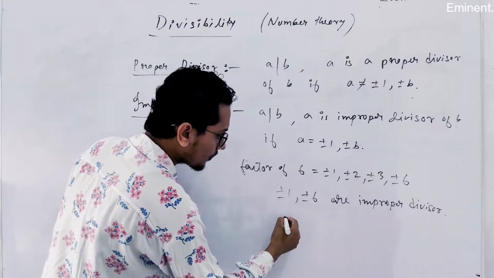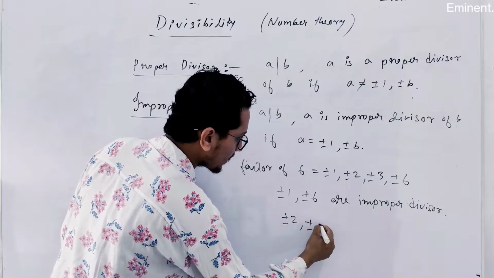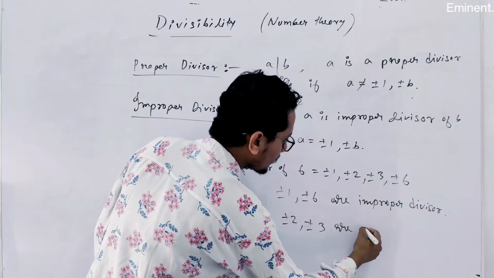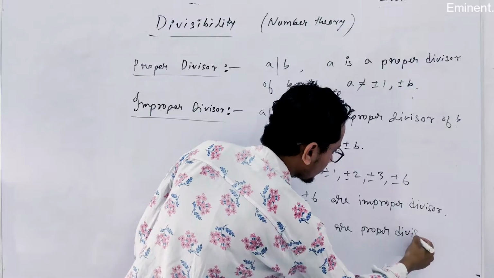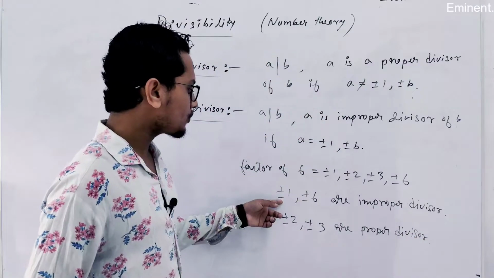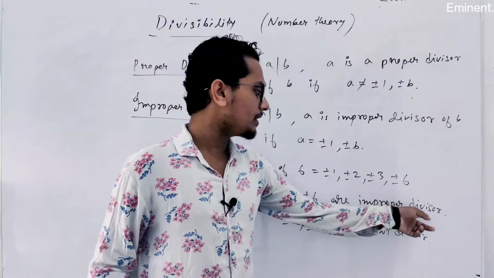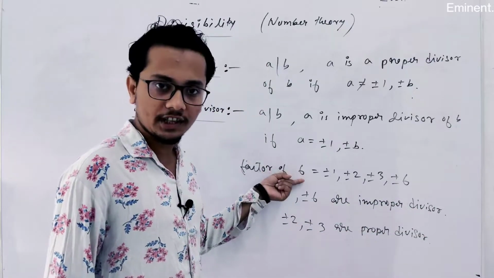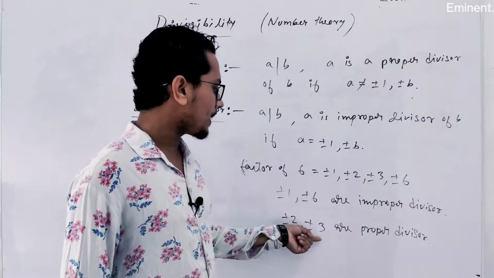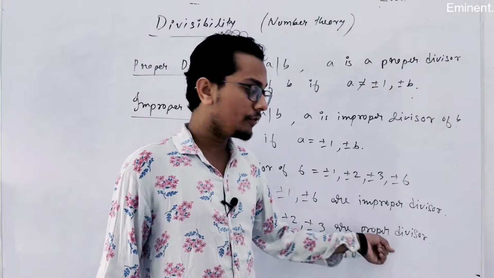And plus minus 2, plus minus 3 are what? Proper divisors. Plus minus 1 and plus minus 6 are improper divisors of 6, and plus minus 2 and plus minus 3 are proper divisors of 6.